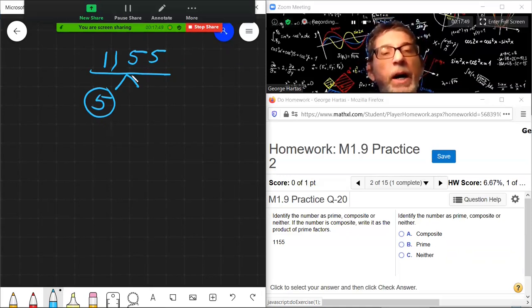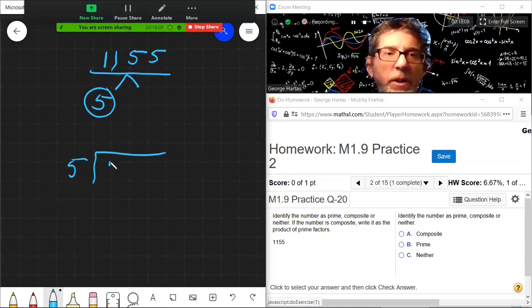Now, how do I know what 5 times this is to give me 1155? We're going to do the opposite, the inverse of multiplication, which is division. We're going to divide 5 into 1155 to give us this. So quick and dirty, nothing fancy here. So this should be a review for you, all right?